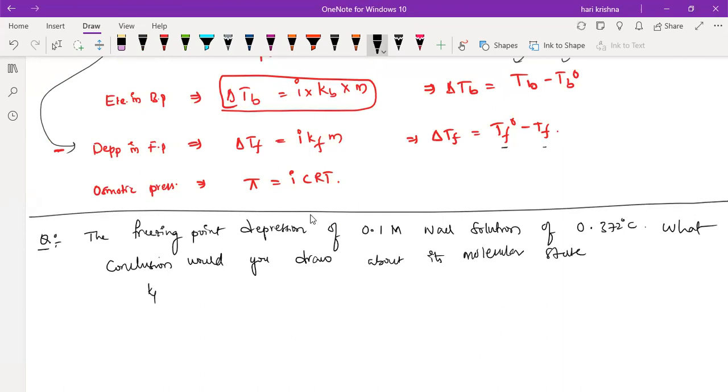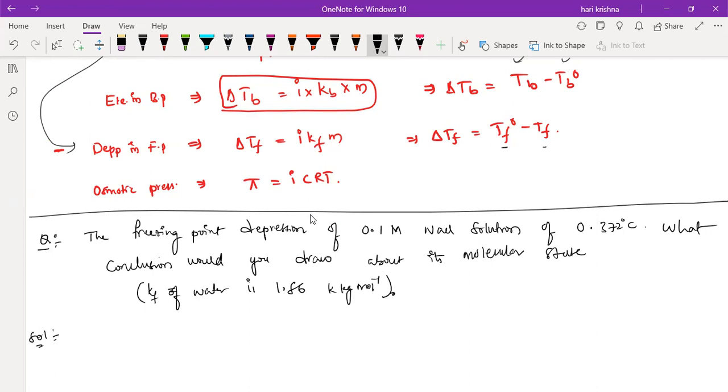We know that Kf of water is 1.86 Kelvin kg per mole inverse. So this is the question. They are asking whether it is undergoing association or dissociation.